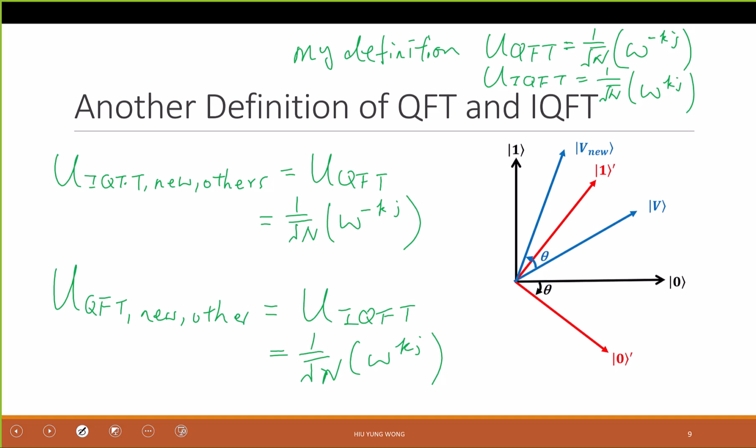Now what is the real difference among these? The only difference is plus or minus. But what is the meaning of this? In my case, when we use negative kj, I'm not going to prove it; you can take a look in my textbook. But basically, when you apply this quantum Fourier transform, U QFT, you actually rotate the coordinate.